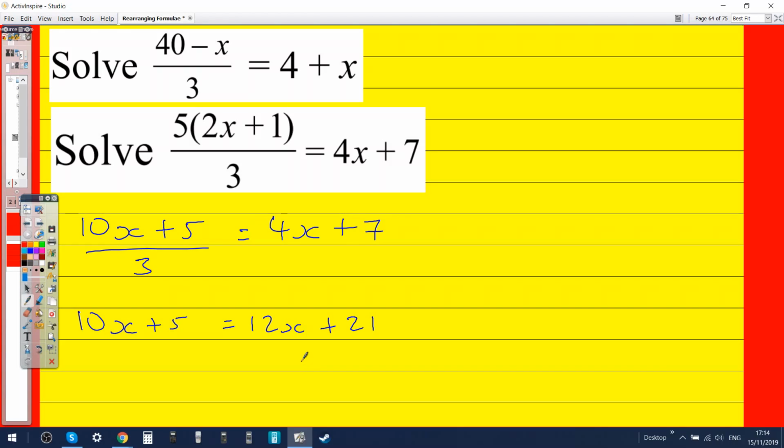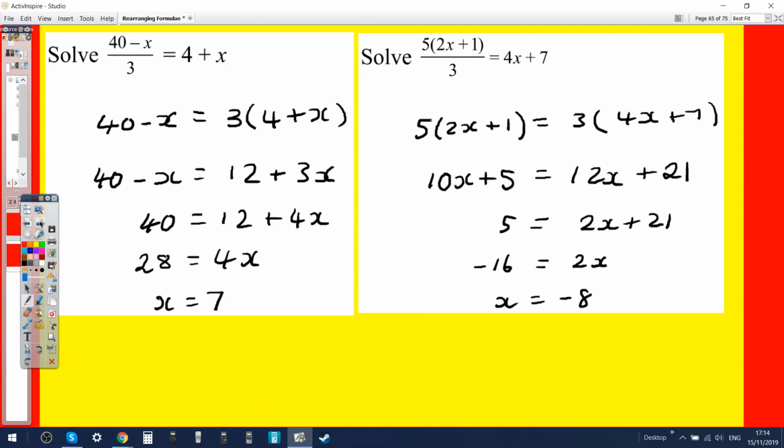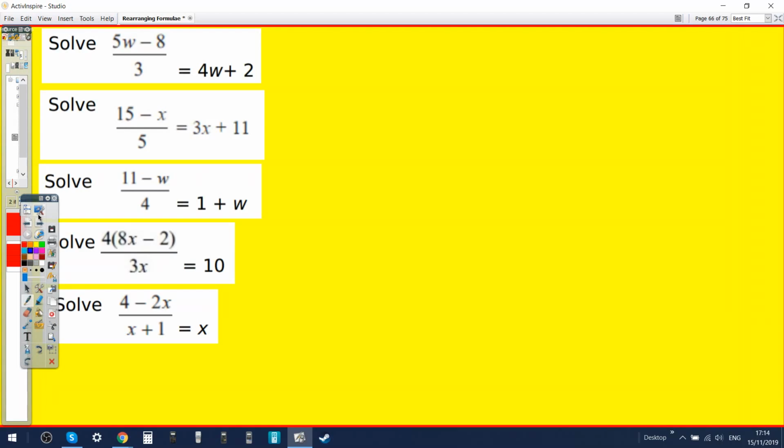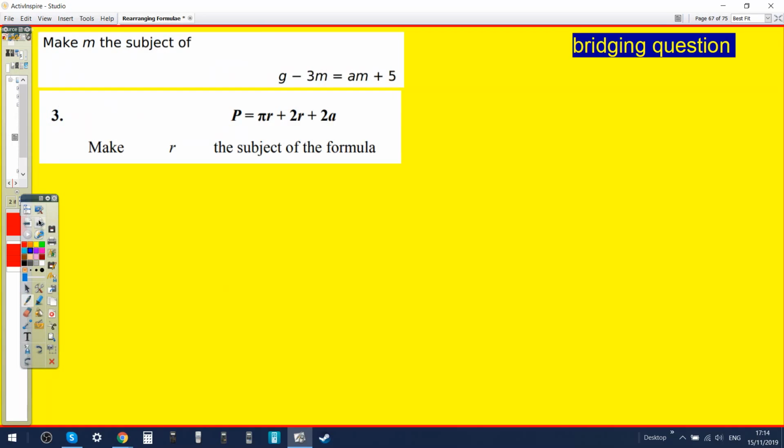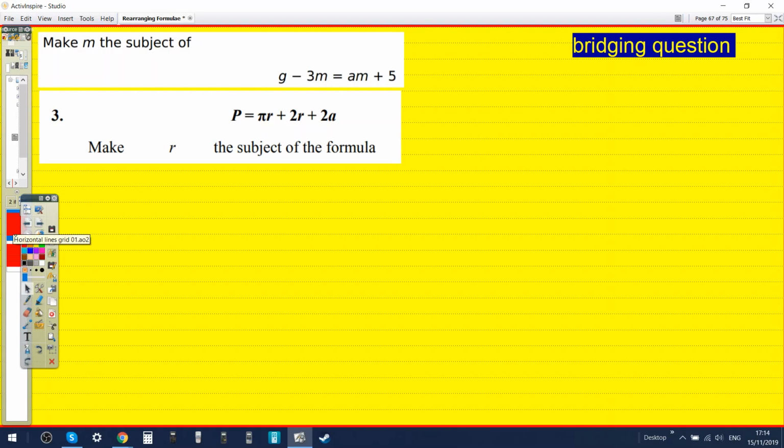And from there it's just minus 10x on both sides. And then minus 21 on both sides. So minus 16 equals 2x. So minus 8 equals x. That's great. These are similar, they're just minus type. Let's see, yeah. Okay, how do we do the top one?